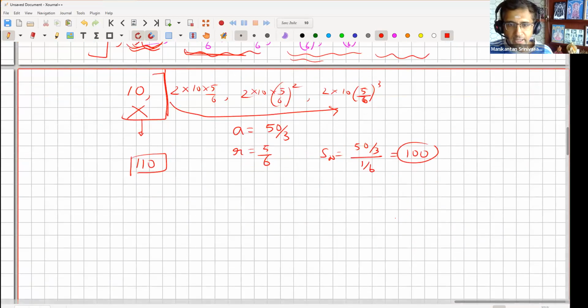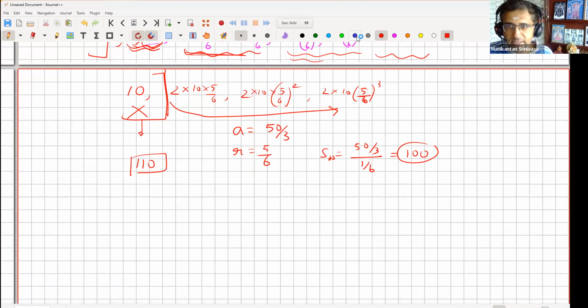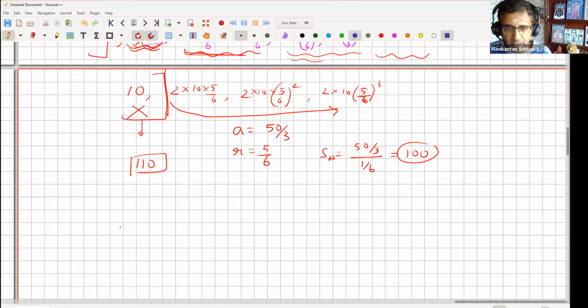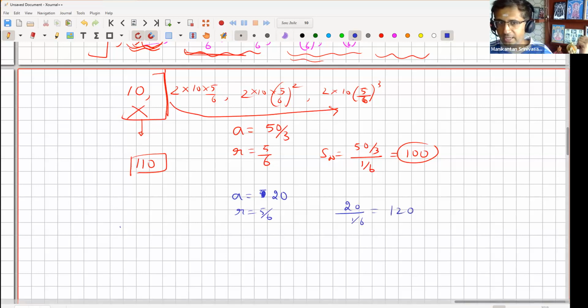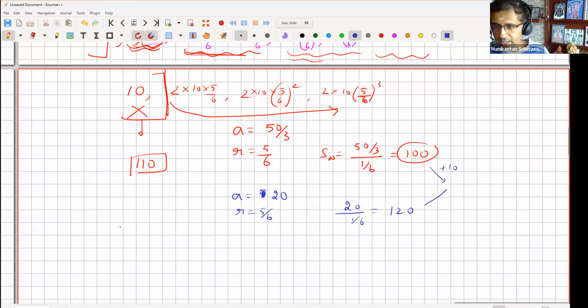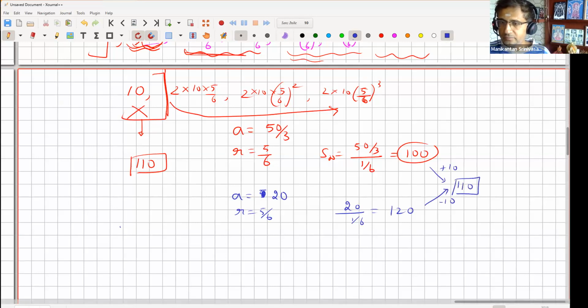If I start counting as if the starting term is also a pair of 10s, then that's 2 times 10, which is 20. Common ratio is 5 by 6. So 20 upon 1 by 6, which is 120. But then I've included a minus 10 at the beginning to compensate. Again, it leads to the same 110. Either 100 plus 10 or 120 minus 10. Both lead to the final answer of 110.